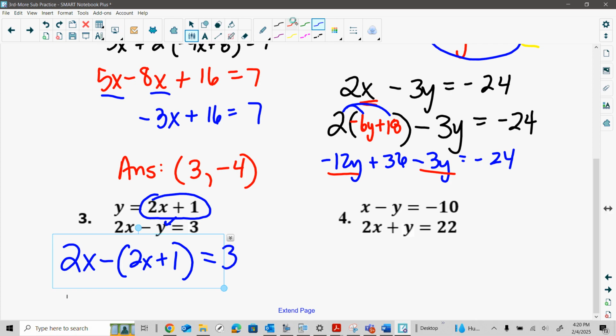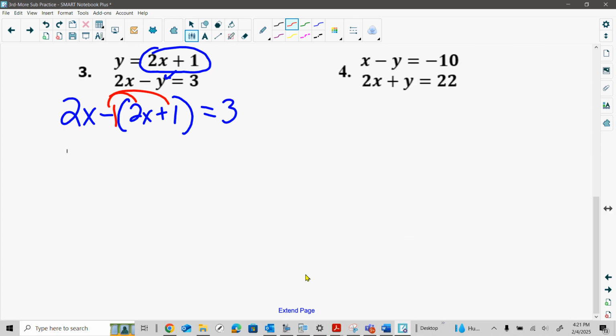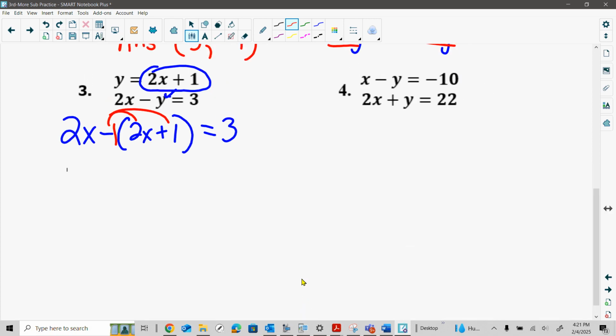And then remember, this minus sign is like an invisible negative 1 that you're going to distribute. This is one of those special cases that you had at the end of your Ed Puzzle the other night. So go back to your notes to look at numbers 9 and 10 for your special cases.